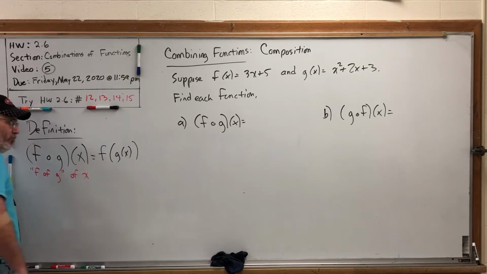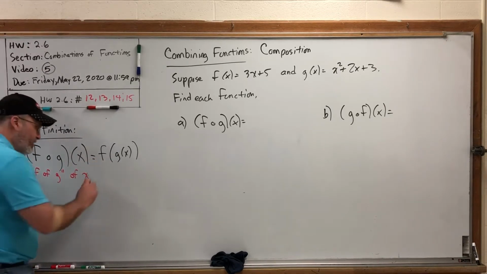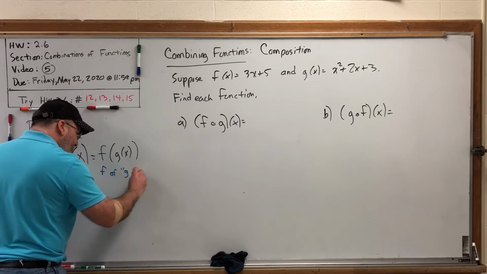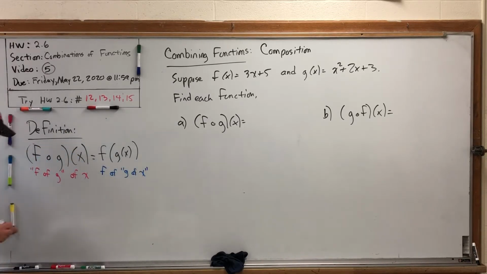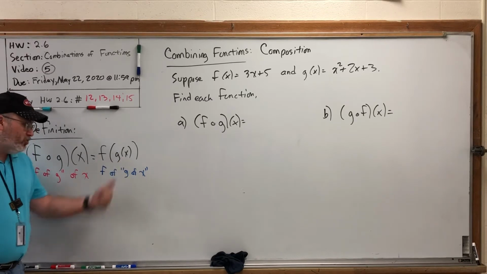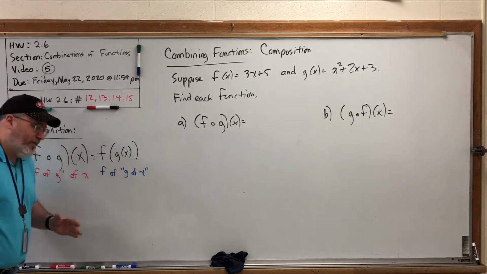If you wanted to read the right side with emphasis, you could say f of g of x. For those who happen to be watching this and are math nerds, I kind of used the associative property of quotation marks. That's such a stupid joke. So anyway, (f∘g)(x), by definition, is f of g of x. And what this means is you take one function and insert it inside of another.